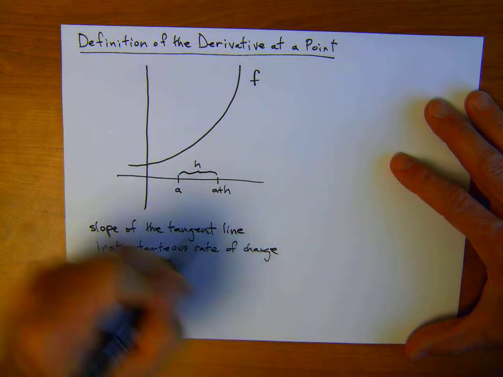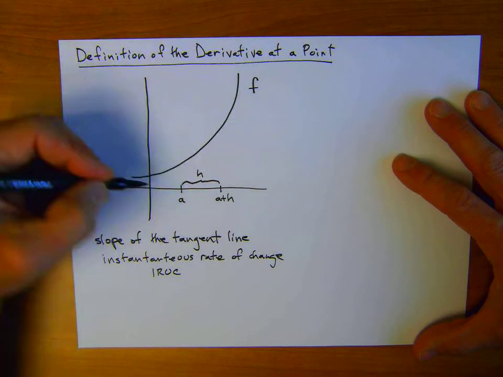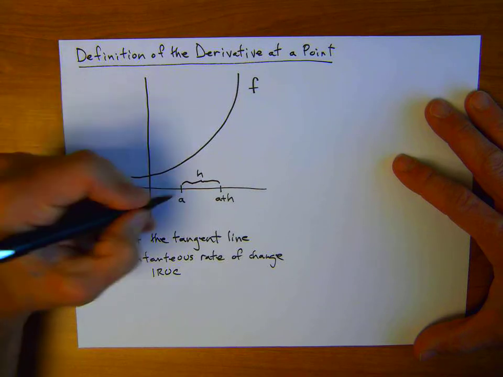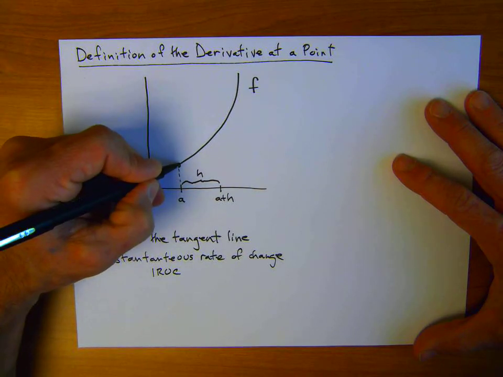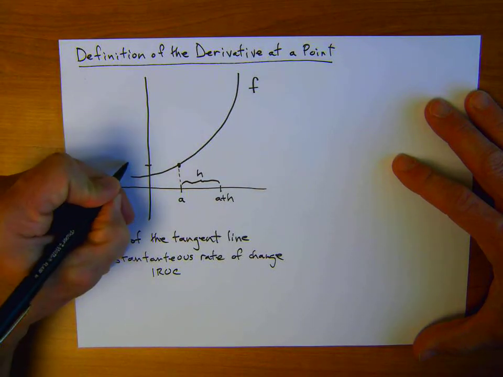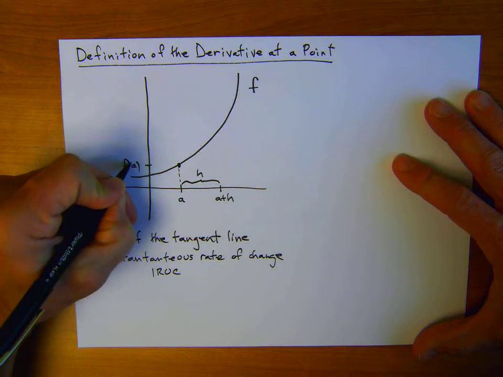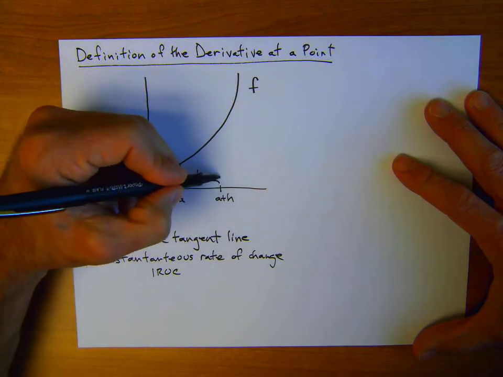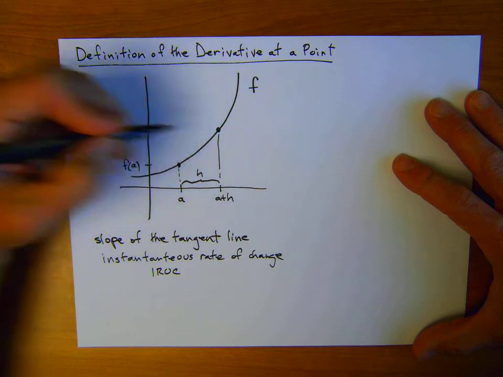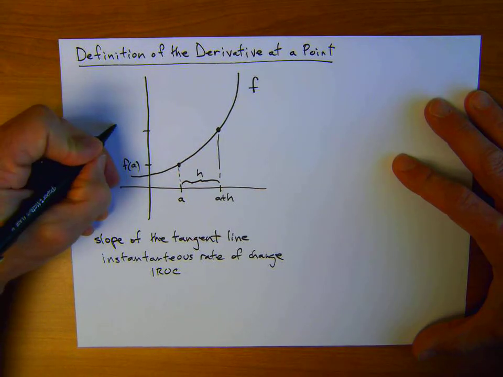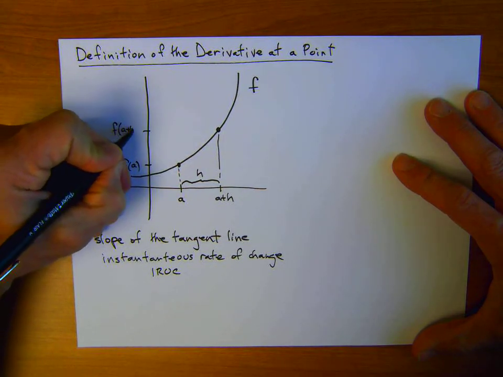Each of these is a point in the domain, so we can go up to the function and find this point. On the y-axis, this is the function value at a, and similarly we can find the function value at a plus h.